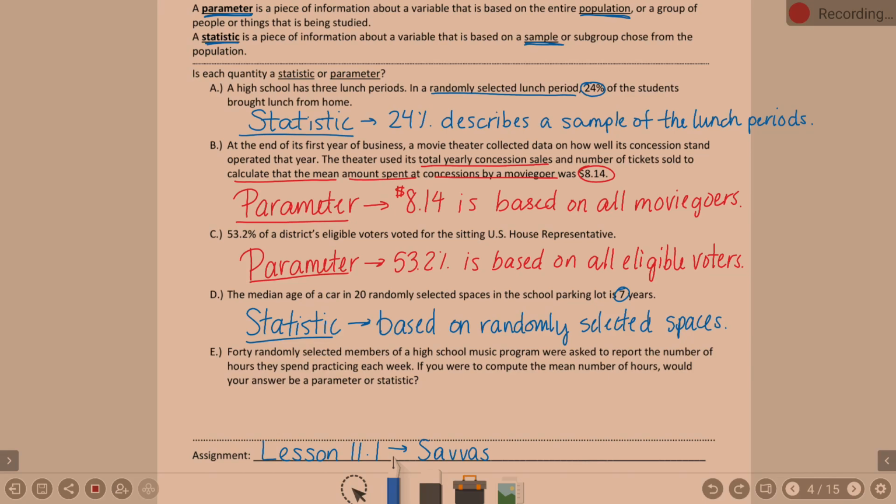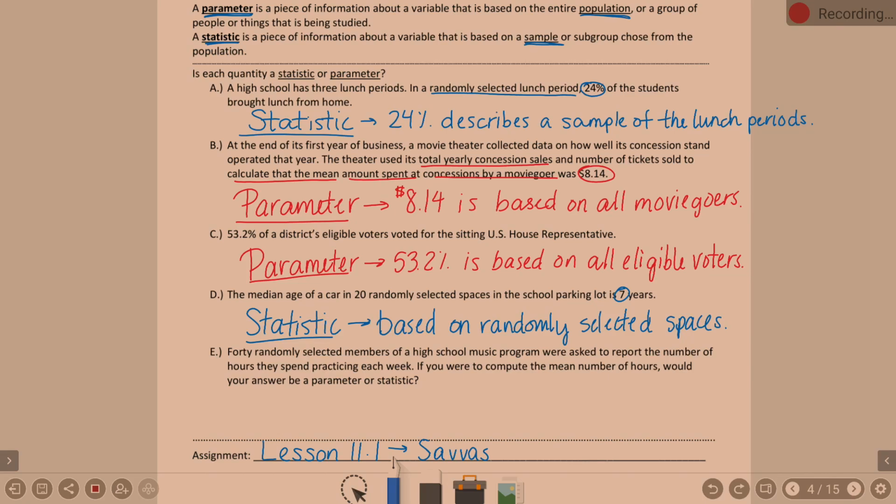E. 40 randomly selected members of a high school music program were asked to report the number of hours they spend practicing each week. If you were to compute the mean number of hours, would your answer be a parameter or a statistic? Statistic. Why? Because it is randomly selected members. Are they surveying everybody, or computing the mean number of hours for everybody? No, it's just 40 randomly selected members.